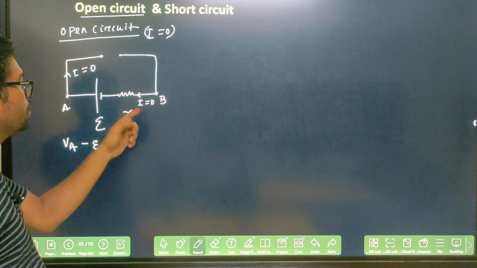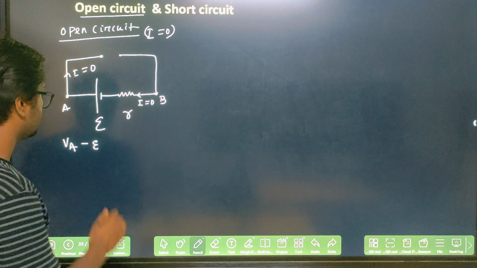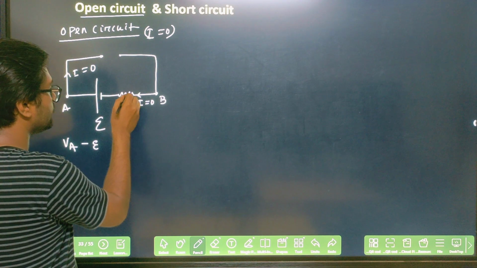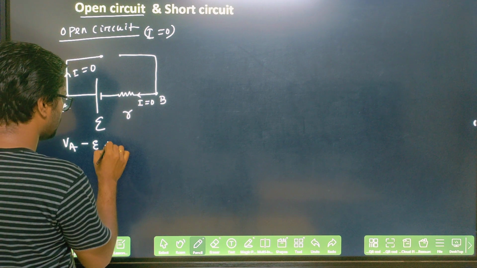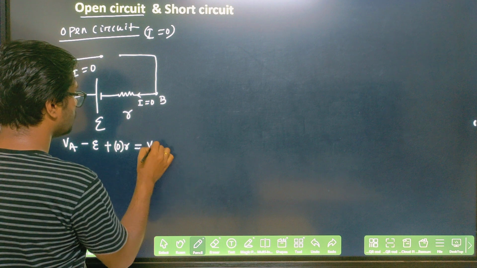If the current is 0, there will be no potential drop across the internal resistance. So it will be VA minus E plus 0 into R is equal to VB.